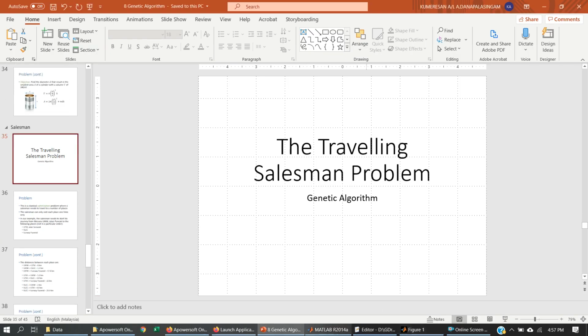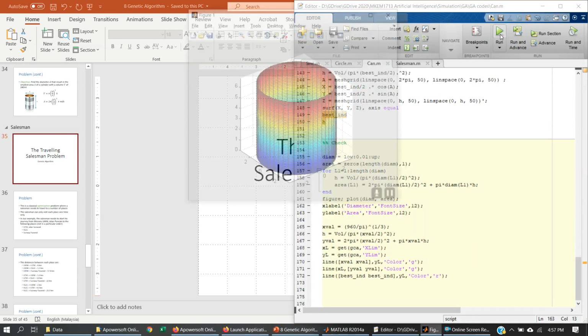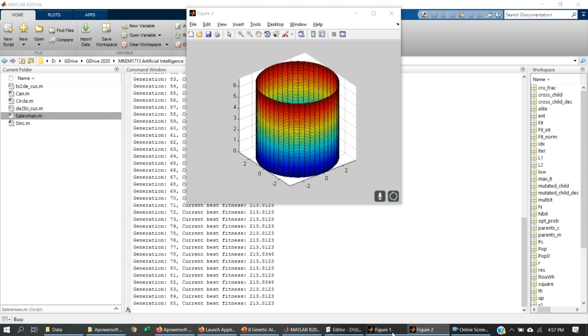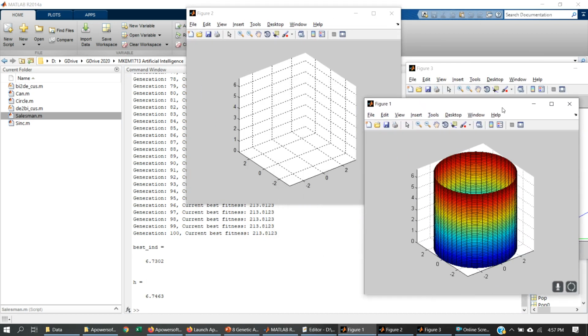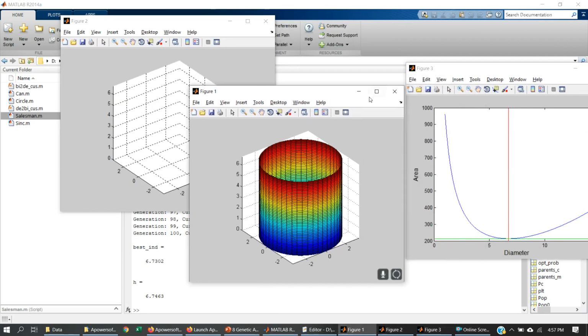So let's see the simulation. You will see the can changing over generations. Perhaps you cannot see it that clearly.